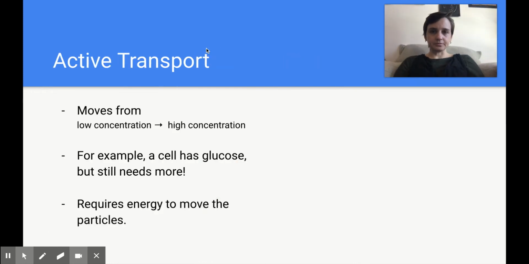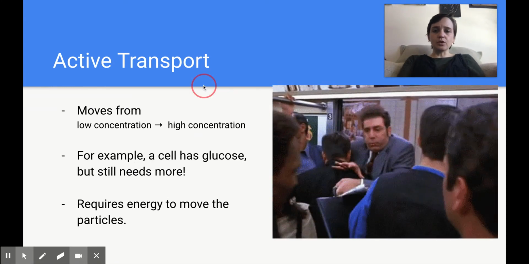Okay. All right. So just a summary here on active transport. It moves in the opposite direction. It moves from low concentration to high concentration. It's the opposite, and it requires energy to do so. This can be useful for things like glucose.